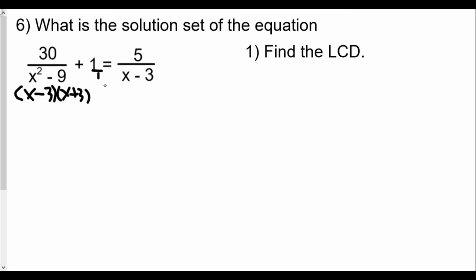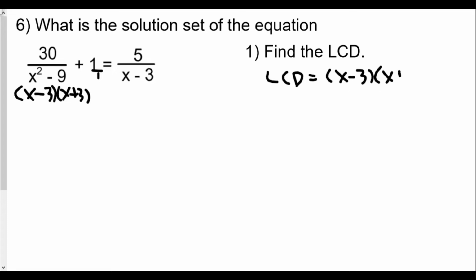Our LCD is going to be the smallest expression that can be divided by both x squared minus 9 and x minus 3, meaning it's going to be at least as big as one of the original expressions. So it's got to be at least as big as x minus 3, x plus 3. And that's what the LCD is here. Our LCD is x minus 3 times x plus 3.